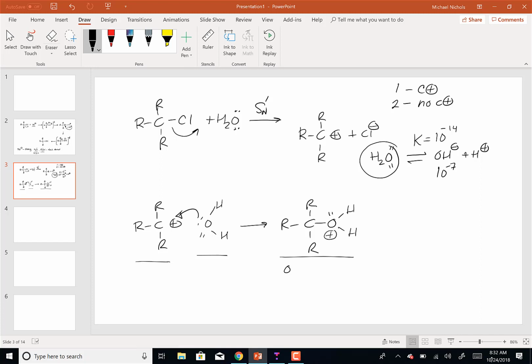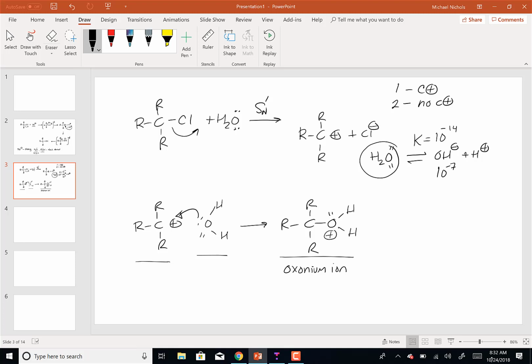Now that is called an oxonium ion. An oxonium ion is when the oxygen has the plus charge.